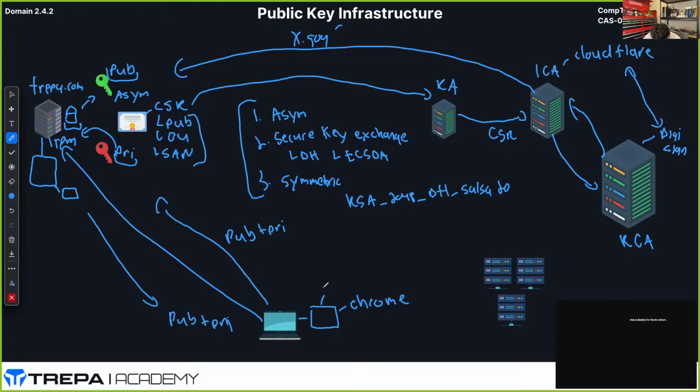So if this web browser is using like TLS 1.2, it's going to have a whole list of different cipher suites, combinations of asymmetric, secure key exchange, and symmetric encryption algorithms that it can combine to do this TLS exchange. And that's it. Then we have our end-to-end encrypted session.